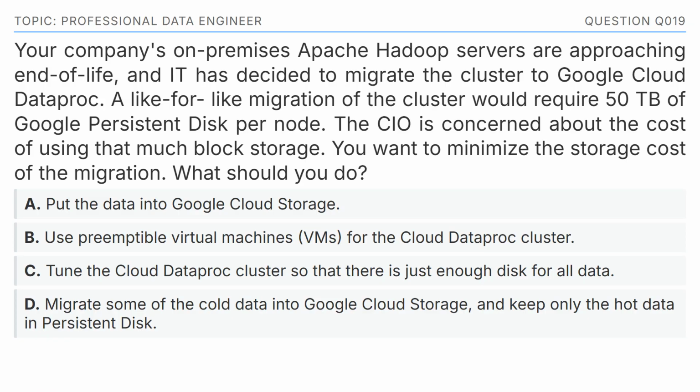What should you do? The options are: Option A, put the data into Google Cloud Storage. Option B, use preemptible virtual machines, VMs, for the Cloud Dataproc cluster. Option C, tune the Cloud Dataproc cluster so that there is just enough disk for all data. Option D, migrate some of the cold data into Google Cloud Storage, and keep only the hot data in persistent disk.